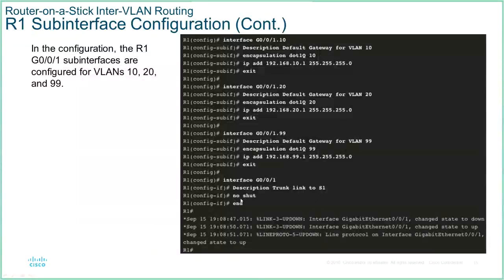All it is is activated with no shutdown. So each of your sub-interfaces, do the usual description. You specify your encapsulation type, your IP address, rinse and repeat for all of your VLANs that you're using in the trunk.